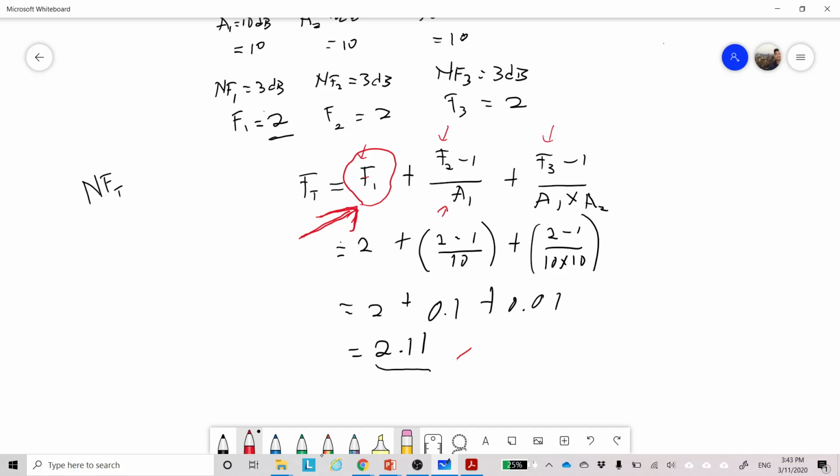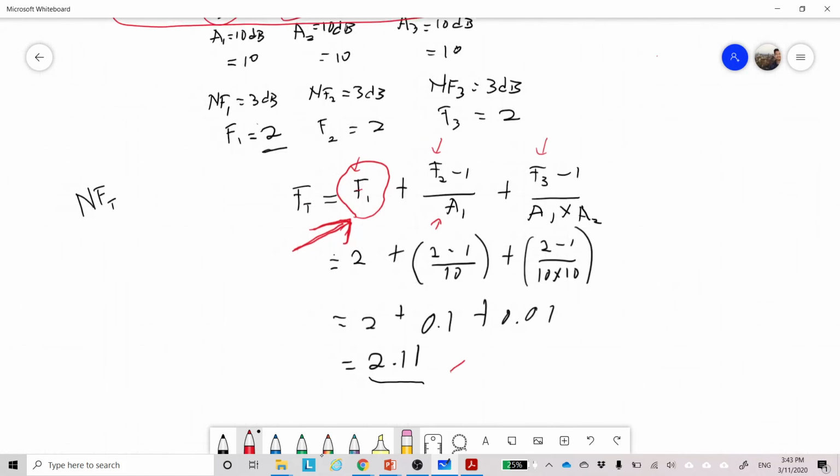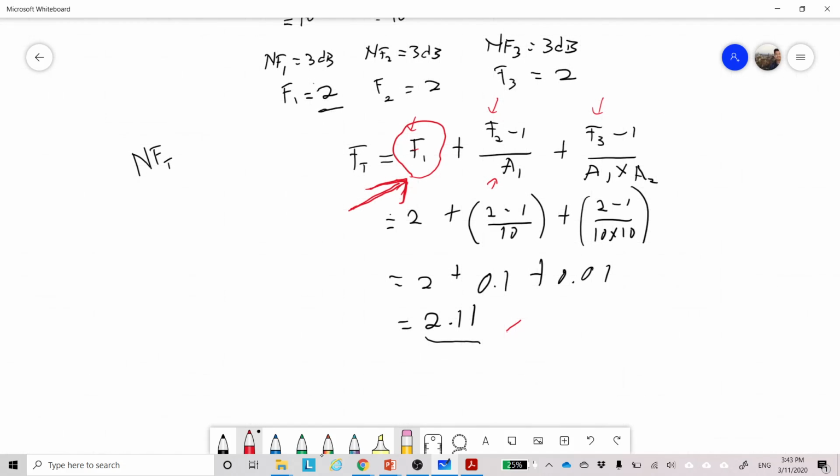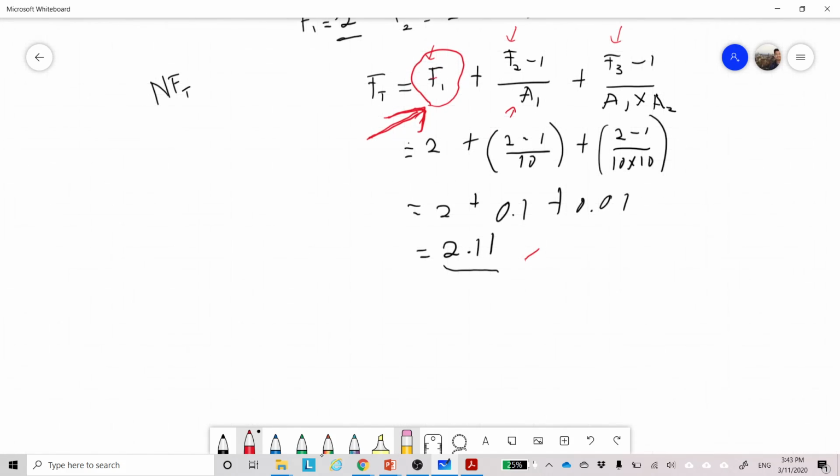Ada contohnya, ada ditanya, nanti saya tunjuk. So from here, okay, daripada sini barulah you boleh cari berapakah NF total. Okay, berapakah NF total? 10 log 2.11.